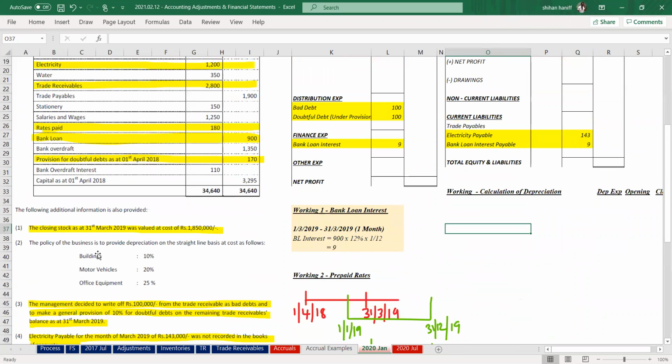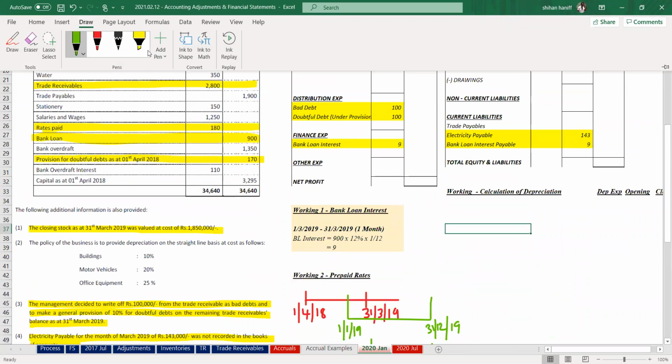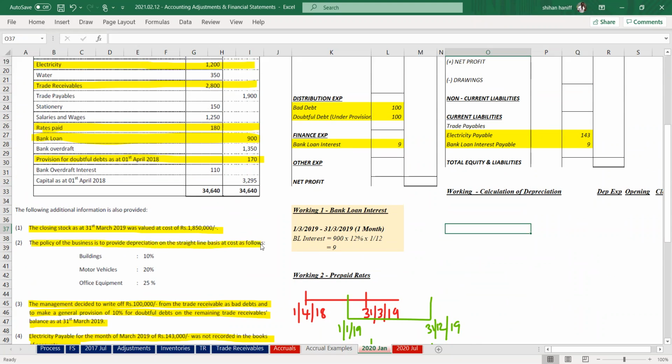Okay, so then we have the depreciation. The policy of the business is to provide depreciation on the straight line basis at cost: 10% building, 20% motor vehicle, 25% equipment. So working number 3, I'm going to do the depreciation.